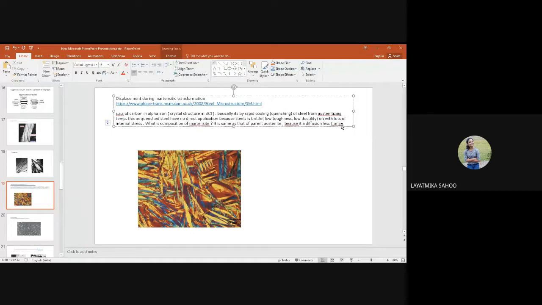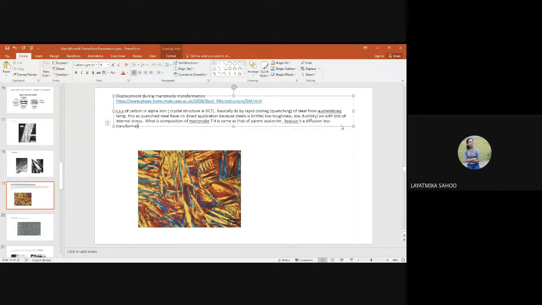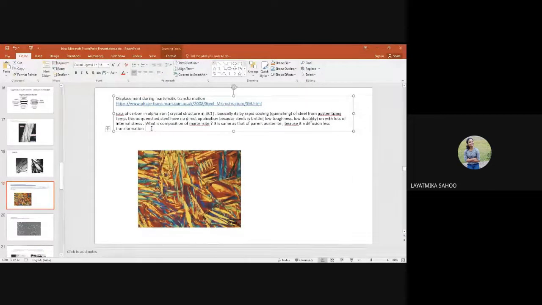Diffusionless transformation. Yes. So you understand what hasn't happened? Diffusion hasn't happened because of the very high rate of cooling. That means the carbon which is dissolved in the austenite is already there in the martensite itself. It hasn't migrated anywhere. You understood now?